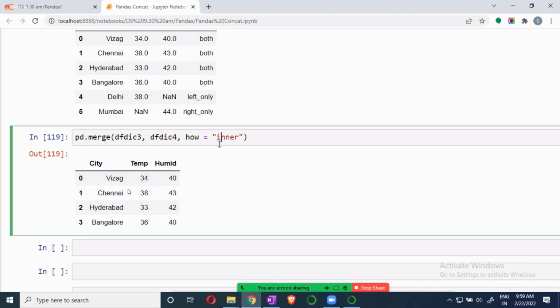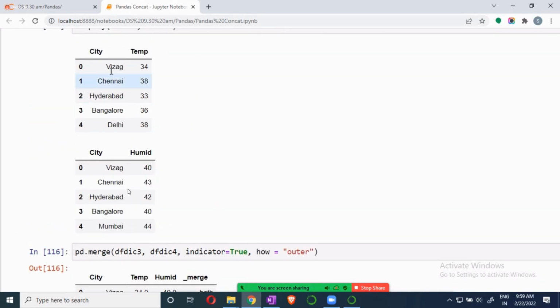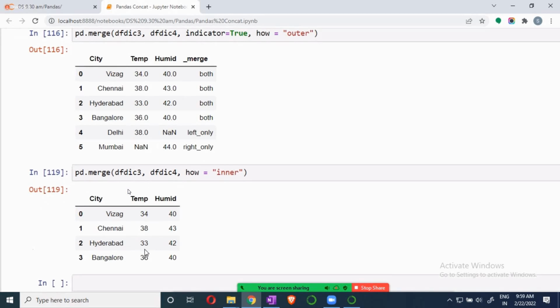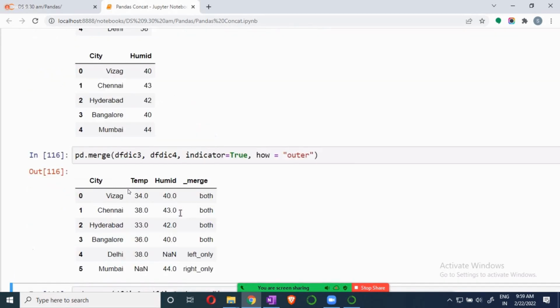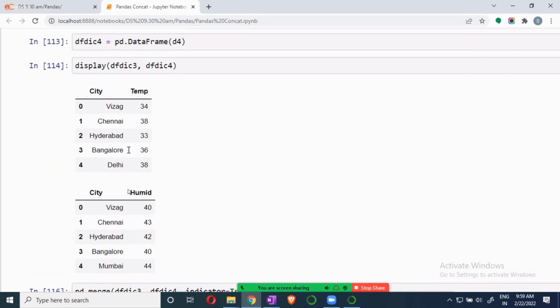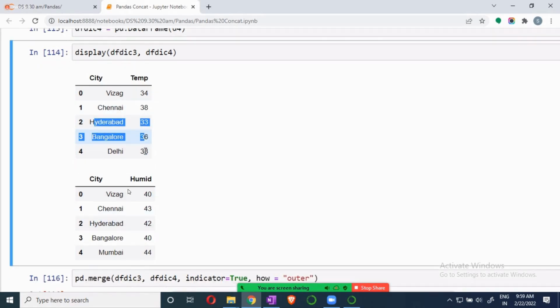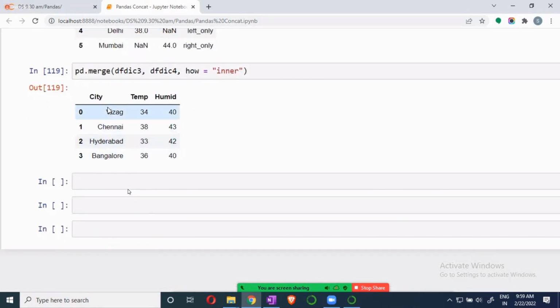Inner means which is having records in both the data frames. Now you see this, Vizag is having temperature and Vizag is having humidity. Chennai, both it is having. Hyderabad also, both Hyderabad and Bangalore, both it is having. So you got all these four.